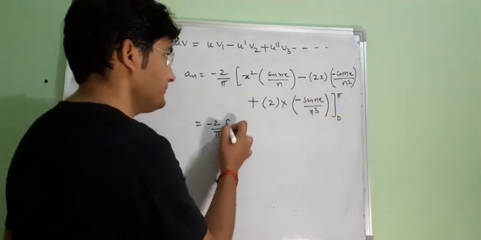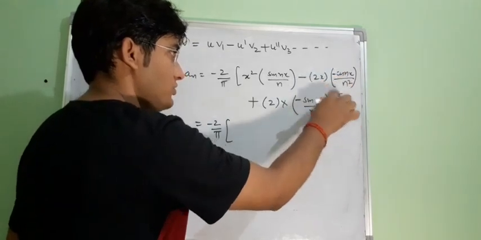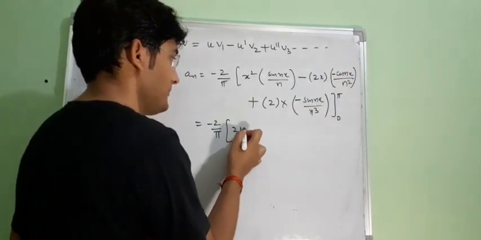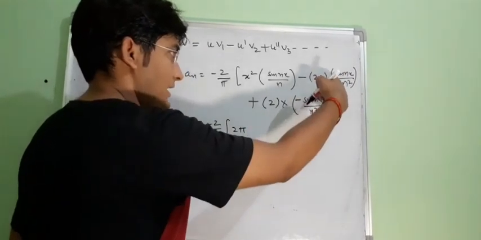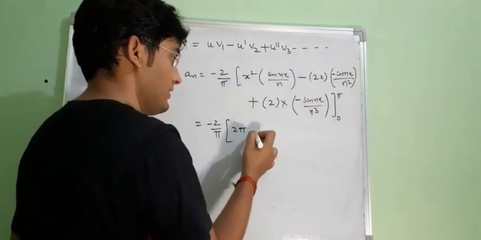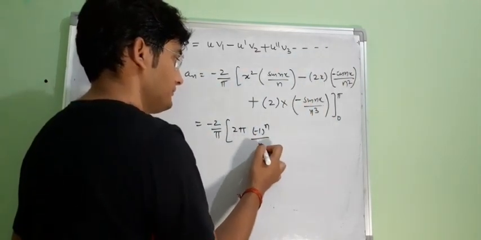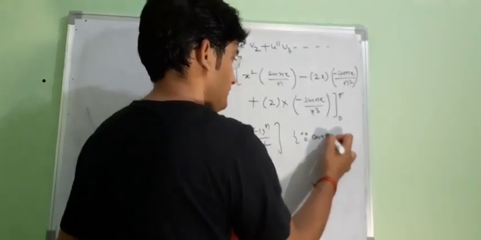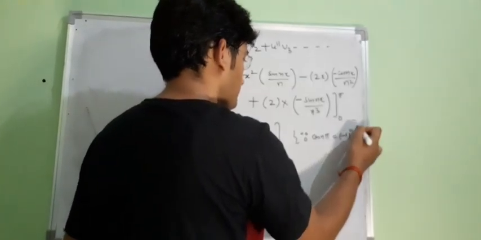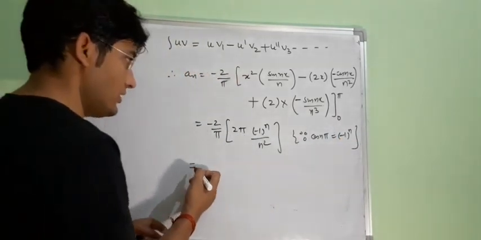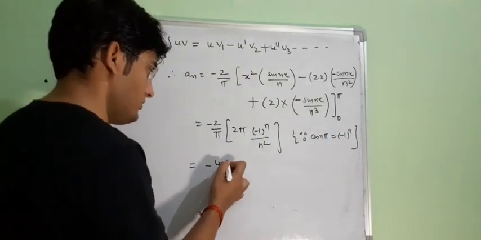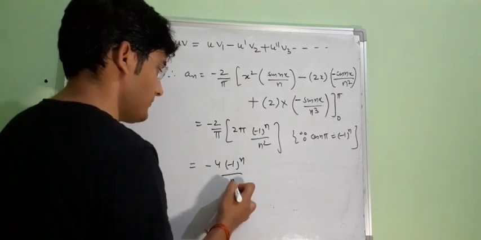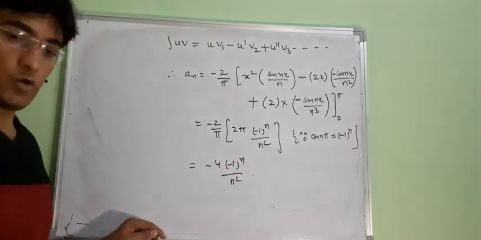So this is 2 times π, and then minus minus is plus, and then cos nπ, which is (−1)ⁿ. So this is equal to −4(−1)ⁿ/n². So this is the value of an.